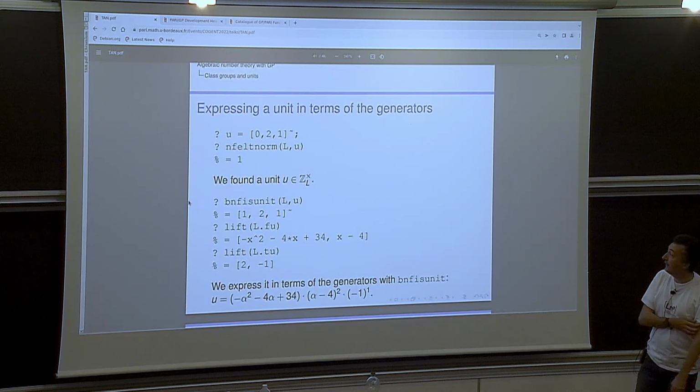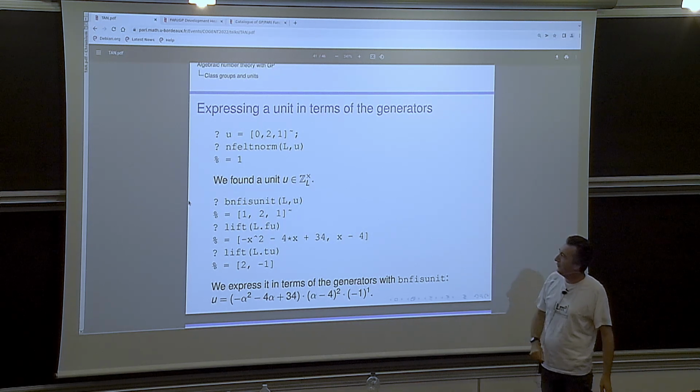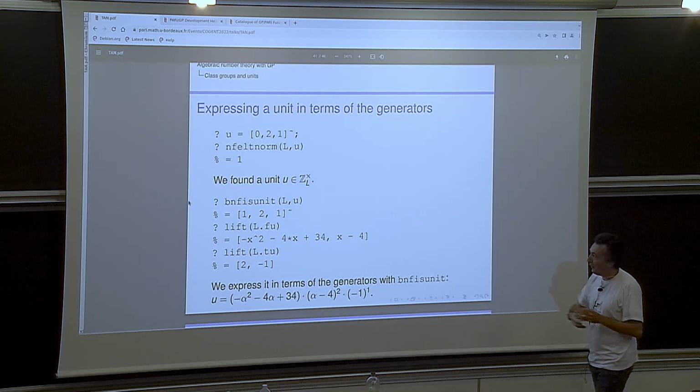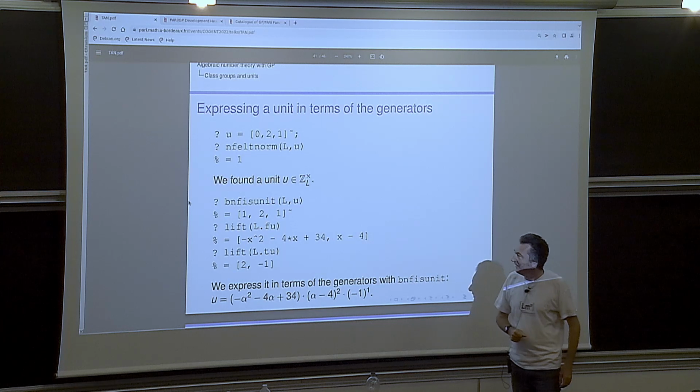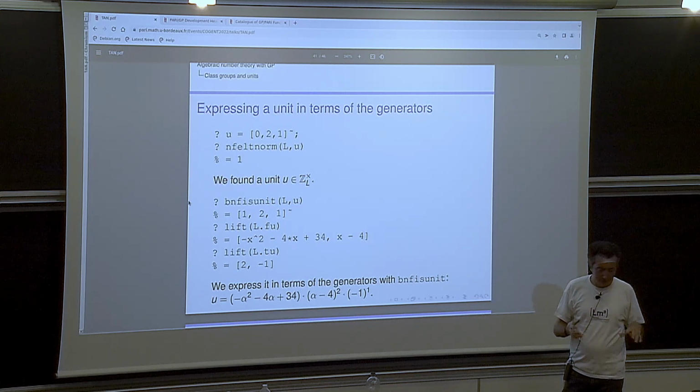For the unit, it's the same. Here, we take this element, we compute the norm with nfnorm and find 1, so U is a unit. You have the function bnfisunit that tells you if something is a unit, and that expresses the unit in terms of the fundamental units.